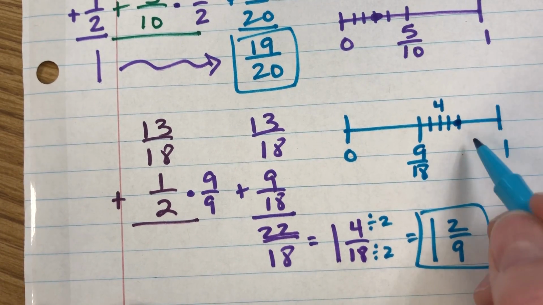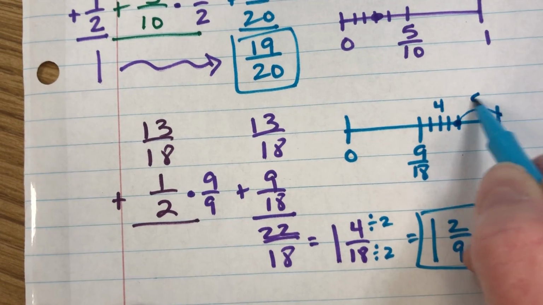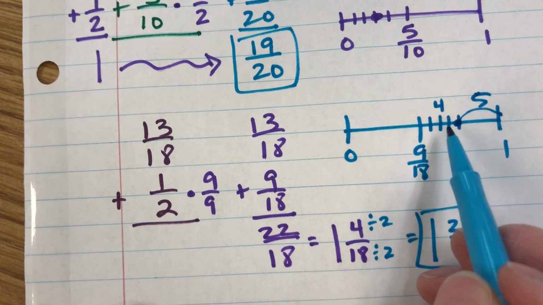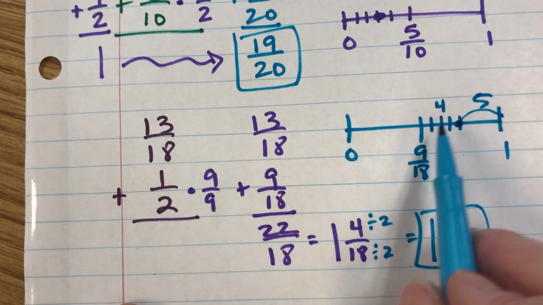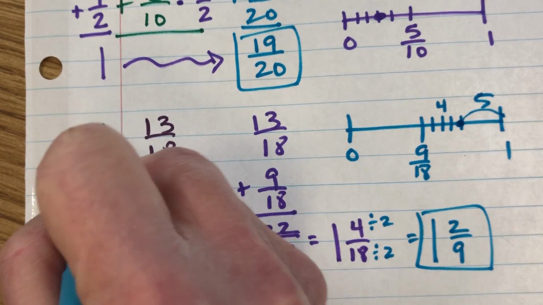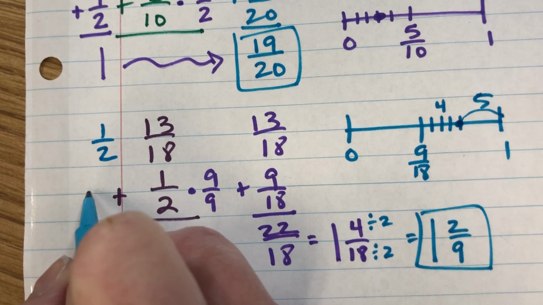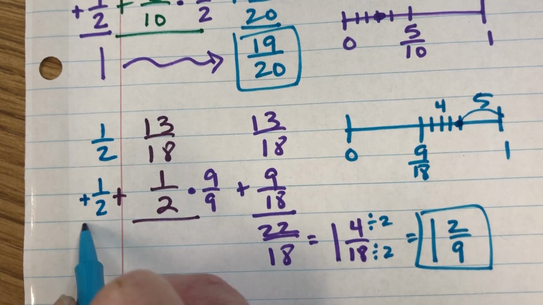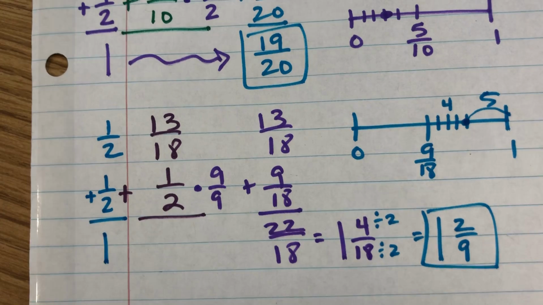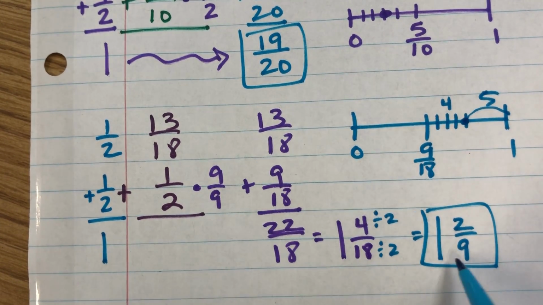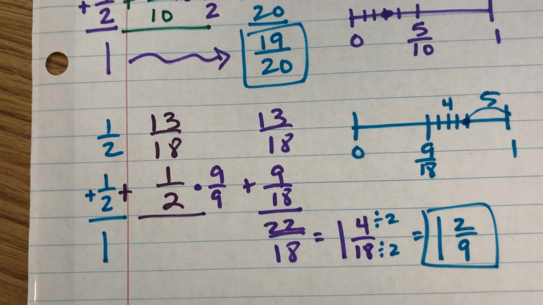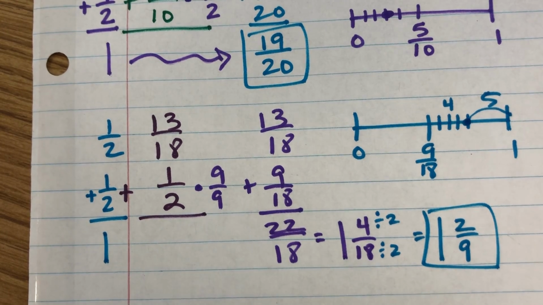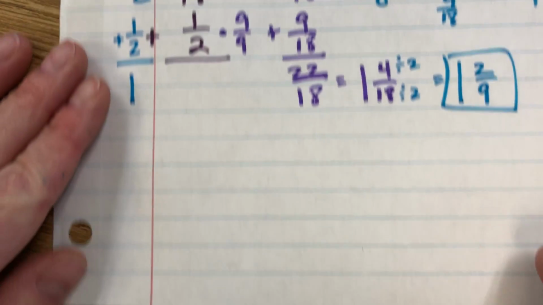And if I'm at 13, I would have to add 5 more to get to the 1. So it's really a close race here, but 1/2 wins. This is already a half, so you don't have to do anything to it. So we get 1 for our estimated answer, and 1 is really close to 1 2/9, so I know that we are good.